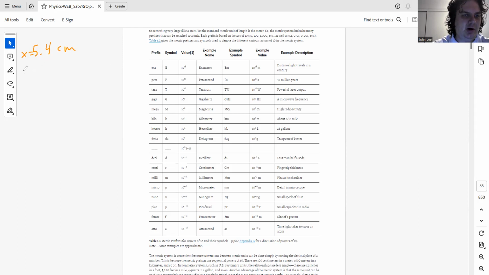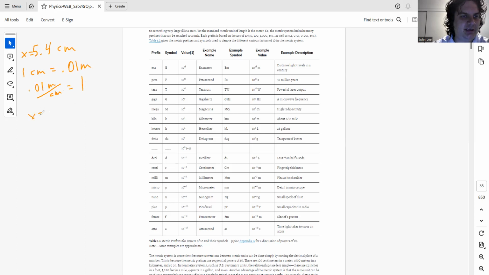So 1 centimeter equals 0.01 meters. So 0.01 meters per centimeter is going to equal 1.